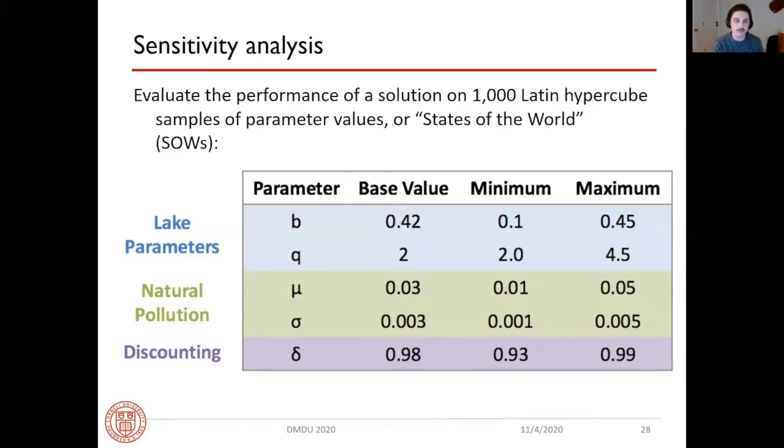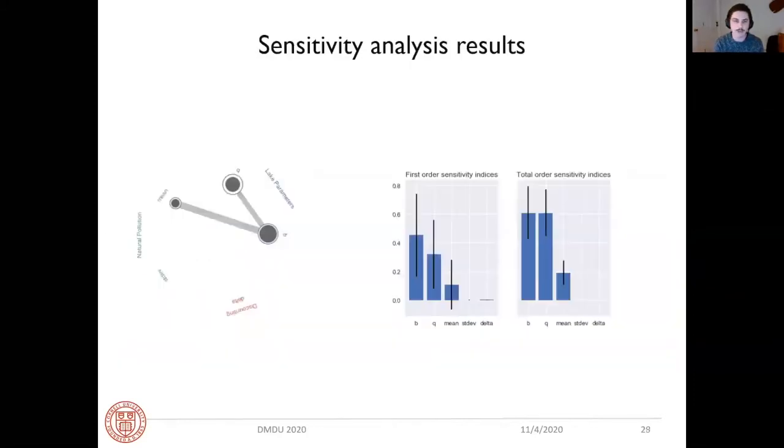So we take a sample of these 5 different uncertainties and reevaluate our solution across this sample, and this can allow us to define which of these uncertainties really causes sensitivity for our reliability objective. You can actually do it on any objective.